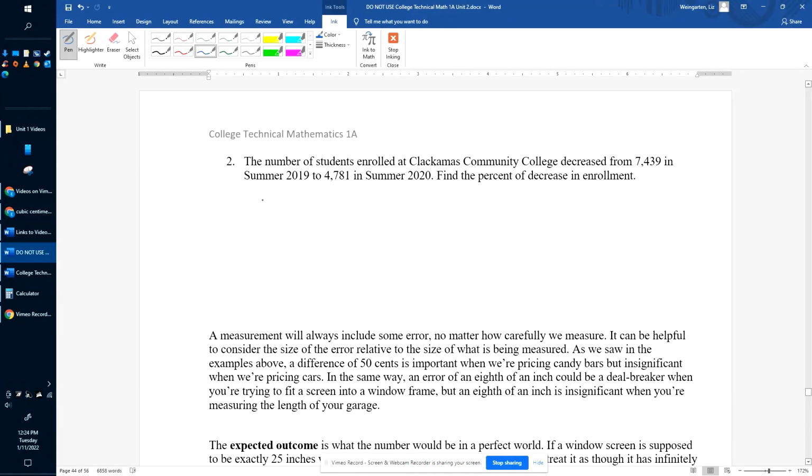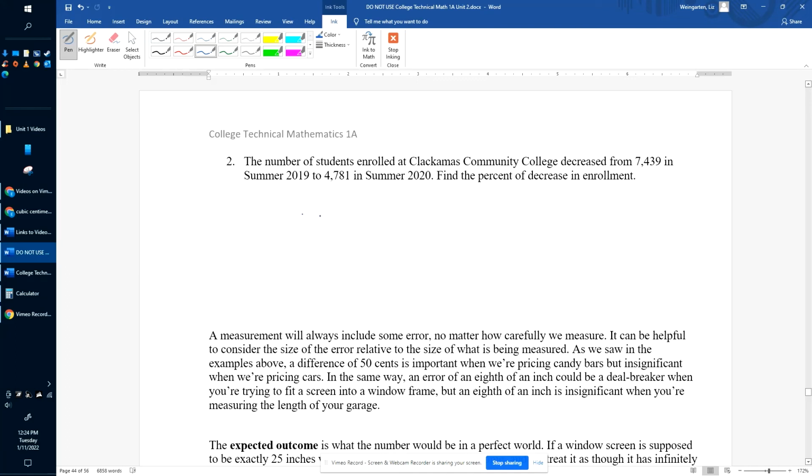All right, let's look at our next one. The number of students enrolled in Clackamas Community College decreased from 7,439 in summer of 2019 to 4,791 in summer of 2020. Gee, I wonder why. Find the percent decrease in enrollment.